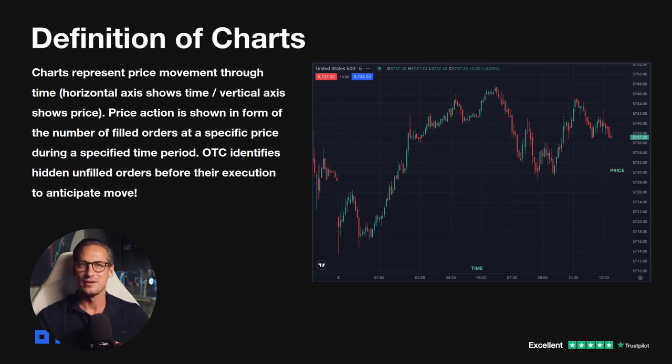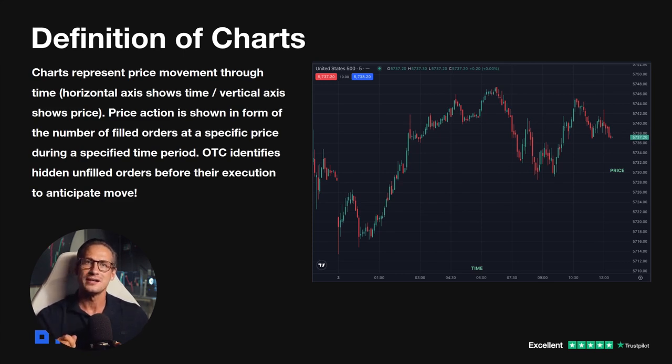For example, a 5-minute candle shows price movement during that time, from 12:20 to 12:25 p.m. Standard Eastern Time in this case, as the price is around 5,737.2. Candles can represent different time intervals from as short as 1 minute to as long as a month, allowing traders to zoom in or out on price action.